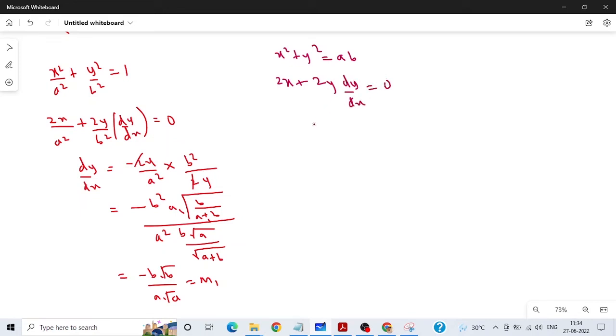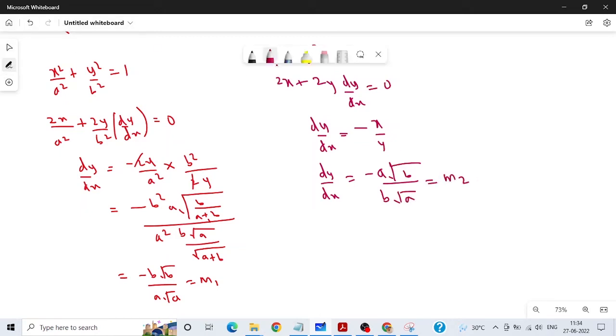So the value of dy by dx is equals to minus x by y. And then by substituting the point of intersection, we get dy by dx is equals to minus a square root of b upon b square root of a. So now let's take this slope as m2.